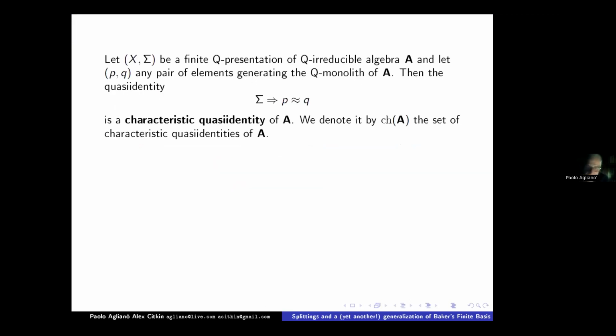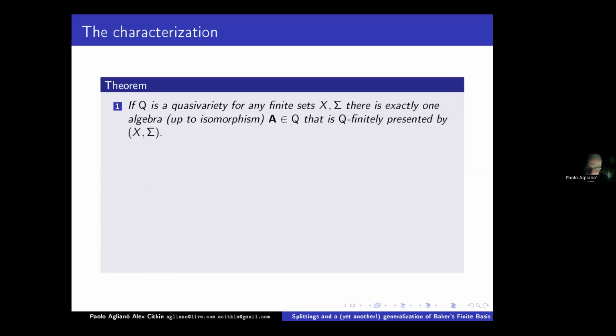In other words, if Q is a quasi-variety, for any finite sets of variables and quasi-equations, then there is exactly one algebra that is Q finitely presented by this pair.